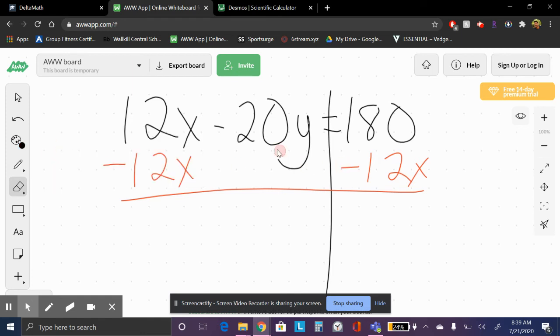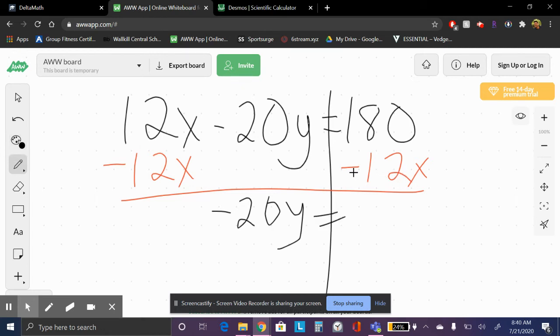And then you're left with, be careful, bring down this negative 20y.